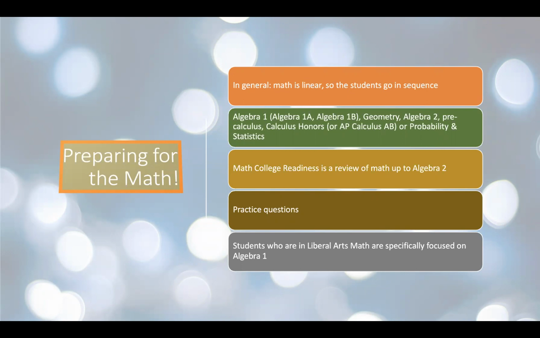So practice questions: anything that you can find for these kids for this PSAT, any type of practice questions, even their homework that they're doing this year will help prepare them for this test. And then obviously the students in liberal arts, again, they are learning their Algebra 1 skills, and it's there for their practice.